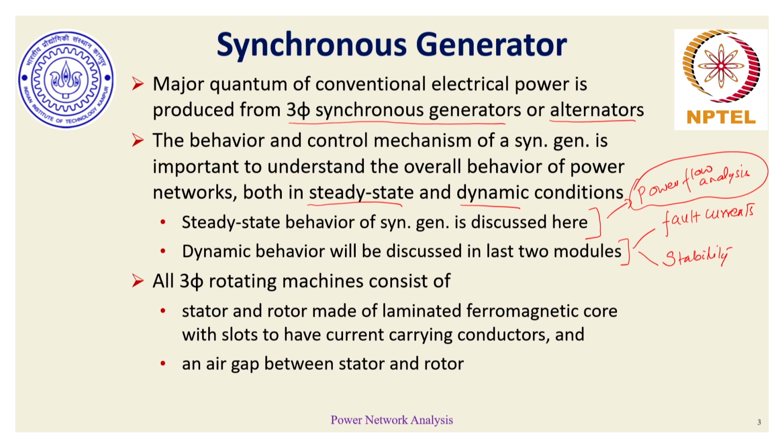In general, all rotating three-phase machines, theoretically speaking, have a more or less similar structure and behavior. Each of these machines essentially has a stator part and a rotor part. The word stator comes from stationary, which means there is some element in these machines that does not rotate or move.